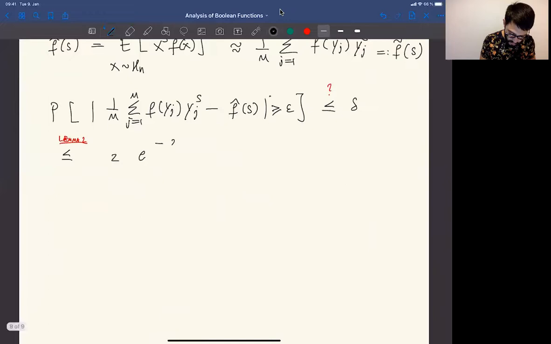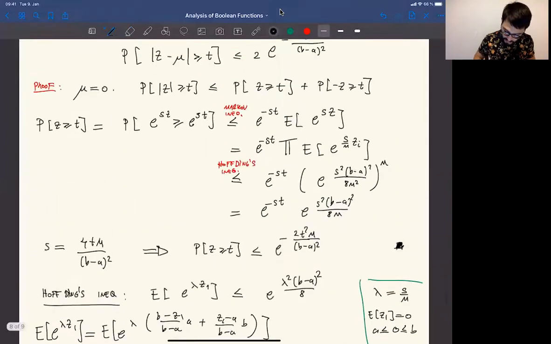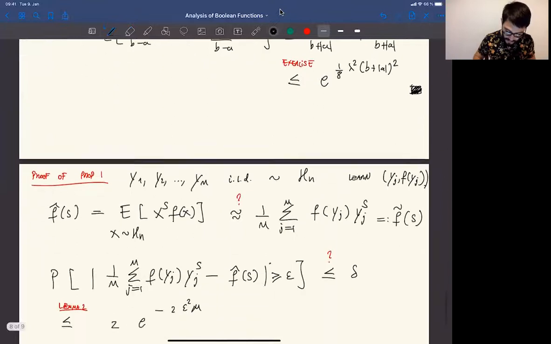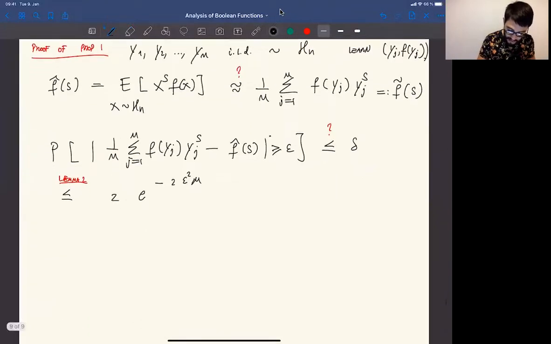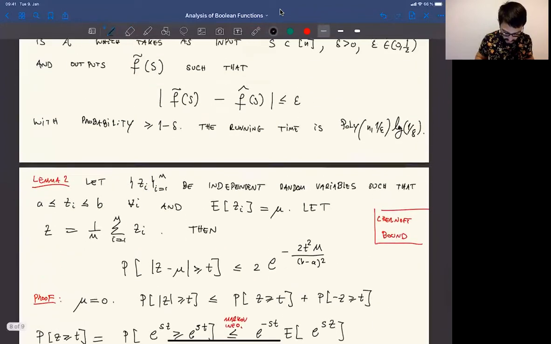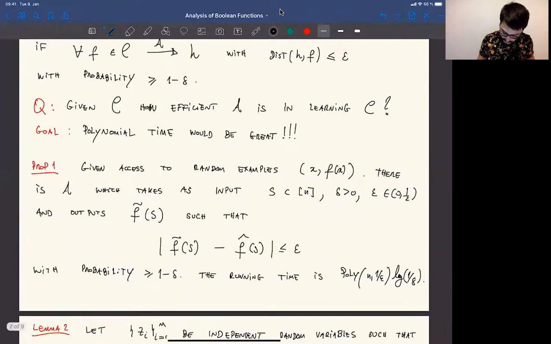So 2 epsilon squared m, is that it? Yes. And then I have to divide by the values that these random variables can attain, but f has only plus or minus 1 as value. These are Boolean functions. If I forgot to say that, then I should say. So this guy is Boolean.